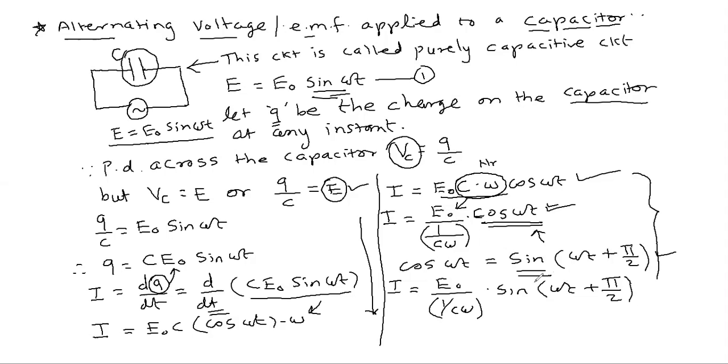Okay, now by comparing this equation, that is equation first, and suppose this equation number 2, the EMF is in the sinusoidal function sine of omega t, and here the current is sine of omega t plus pi by 2. So what can you say from this equation? That means the current leads, this plus means leads, by pi by 2 than that of the EMF.